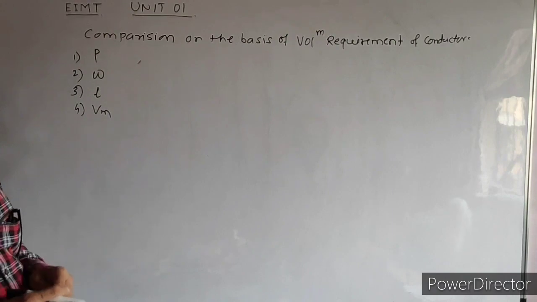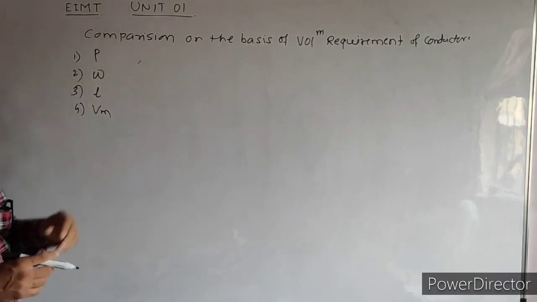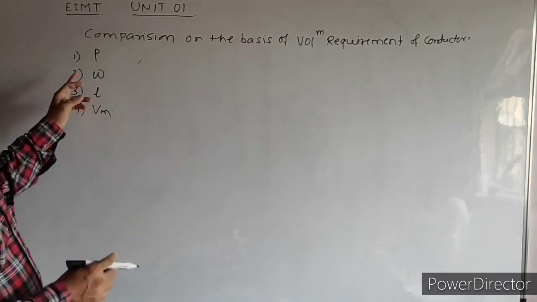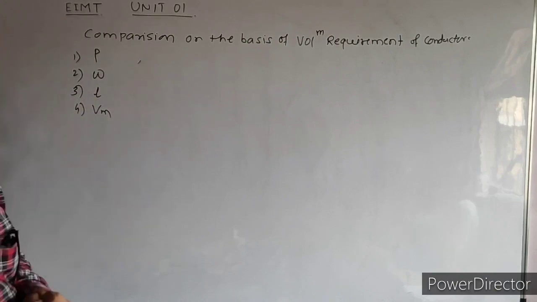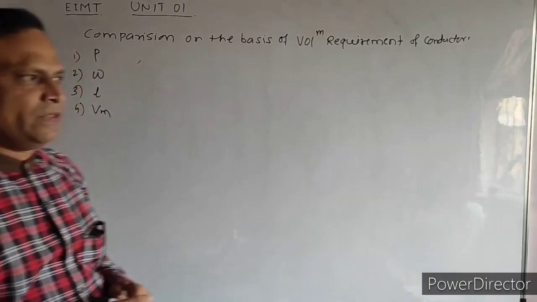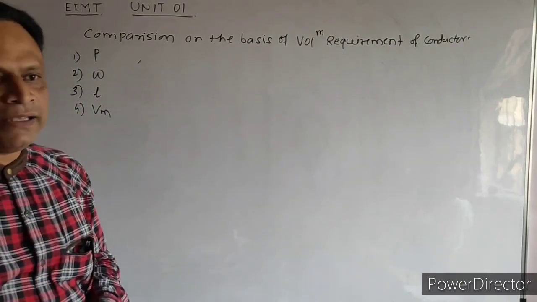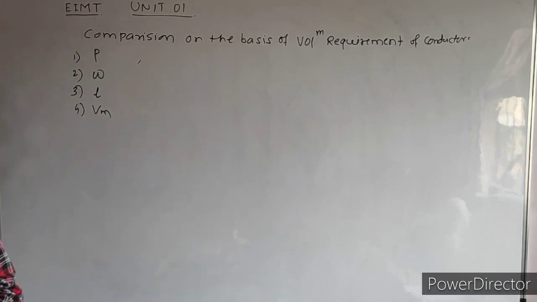First assumption, as I told, power to be transmitted in each case will be same. Second will be loss that will be same in each case. L will be the length. Power to be transmitted, the length of system will be same in each case. The voltage between conductor and earth is Vm, and it will be same for all the cases.